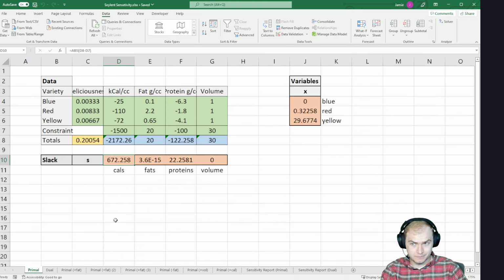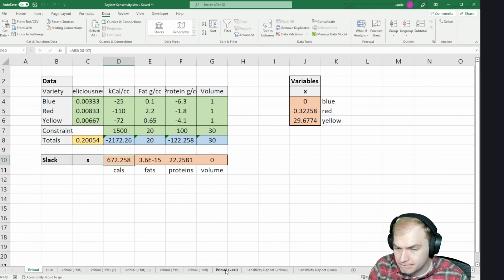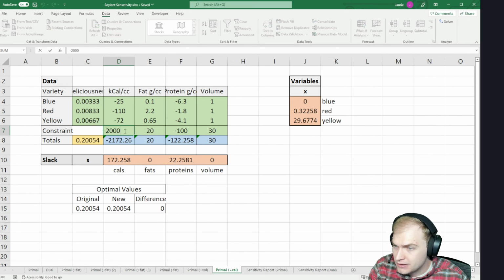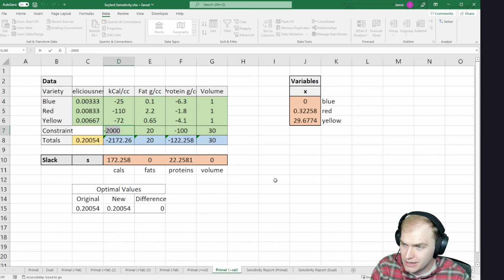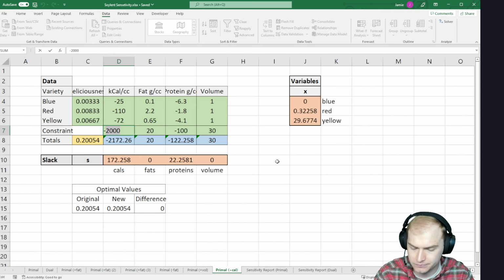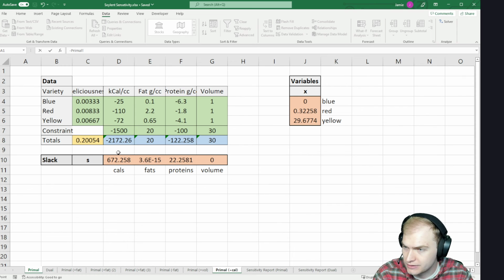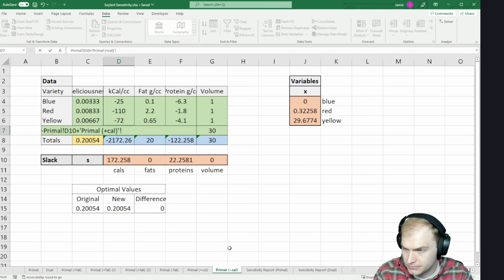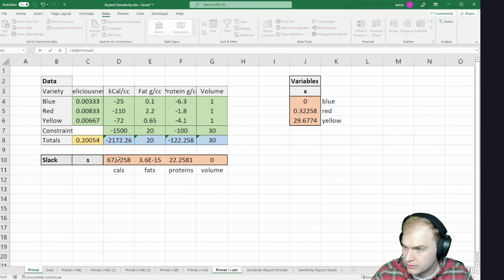Maybe that made some sense. So let's go back here and keep increasing the amount of calories that we could have had. So I added 500 to make it 2,000. Well, let's get the primal. Equals 1,500 plus this number.